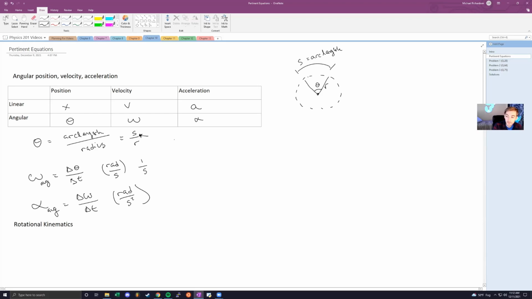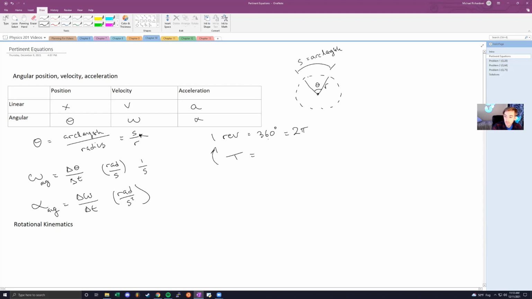So other quantities I want to define for you guys is what a revolution is, and what our period is. One revolution is going to be equal to 360 degrees, just one full rotation, which is going to be equal to 2 pi radians. Additionally, our period is going to be the amount of time it takes us to go one revolution.